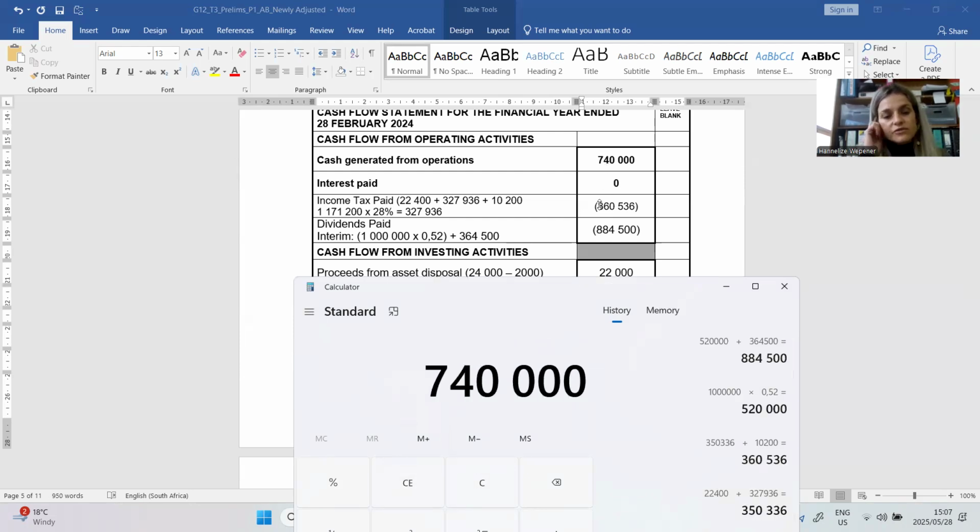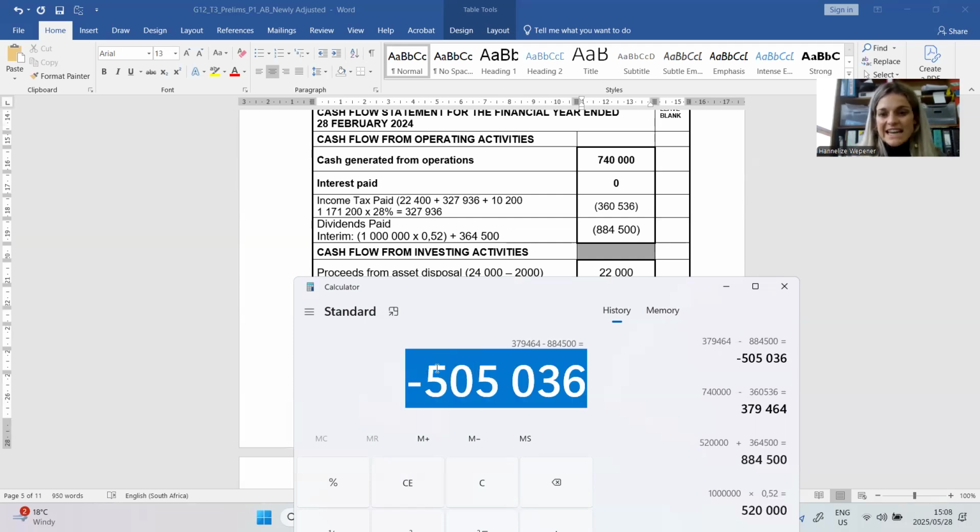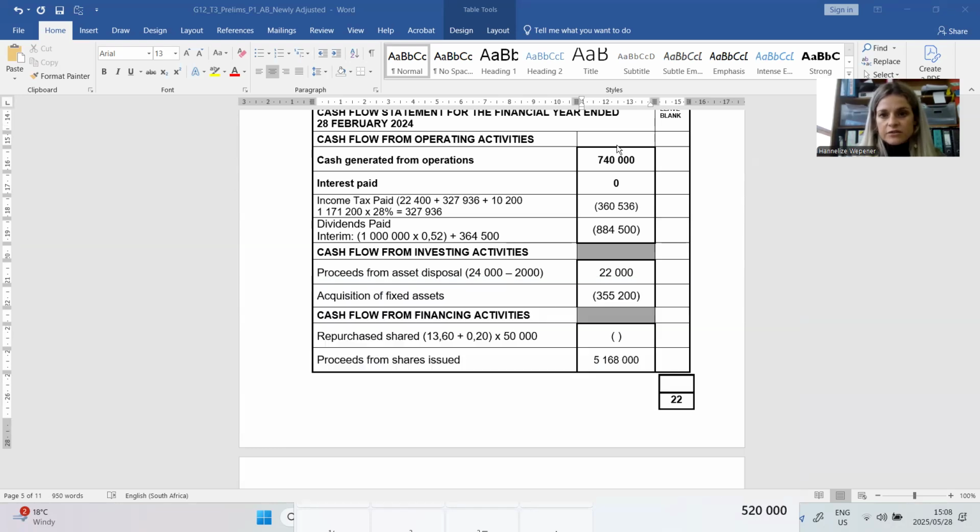So I had 740,000 from operations minus my 360 for tax paid minus the 884 for my dividend paid. So I have a negative cash flow, therefore in brackets of 505.